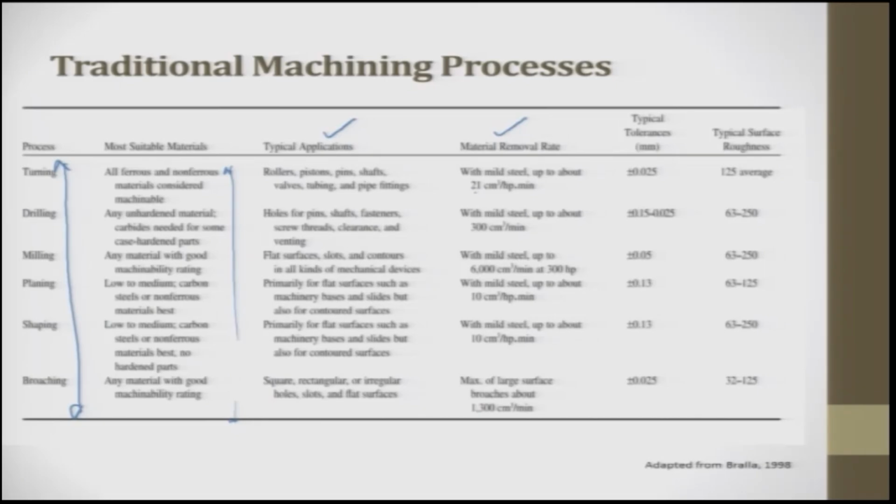Why is material removal rate important? Because it will dictate the time required for producing. The next is tolerances, and the last one is roughness. As I told you earlier, roughness is very important when you have contacting surfaces, and tolerances because you have to mate, so these are the tolerances we can do.